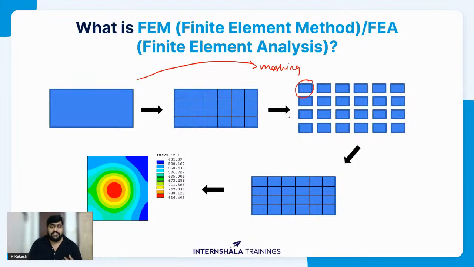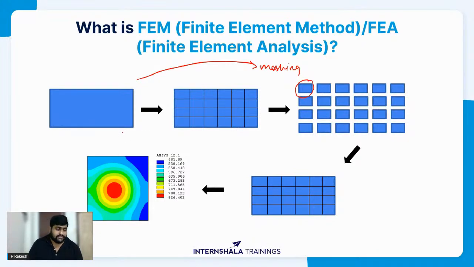Okay. And once we are done with meshing, that means dividing this complex object into small solvable objects, we will be solving all the required problems. And once we are able to solve all of them, we'll combine all the solutions into a single solution, and we'll be able to find out the solution for the entire system.